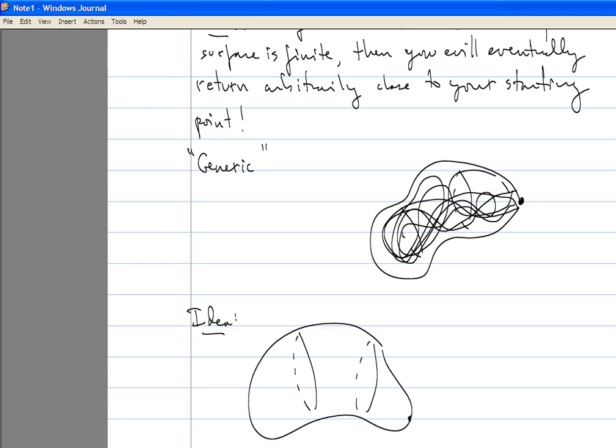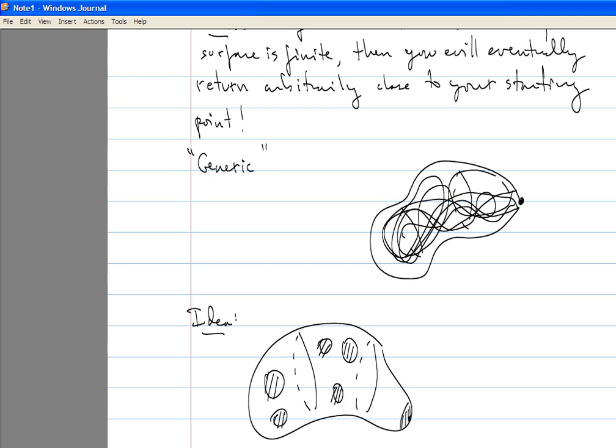So you draw a little blob whose size is a foot around our starting position. And then you imagine evolving for some time t. So then what will happen? Well, you'll have another blob. And because of Liouville's theorem, the size of that blob will remain constant. And then you evolve for another time, and you'll get another blob, and another blob. And you can see what's happening here.